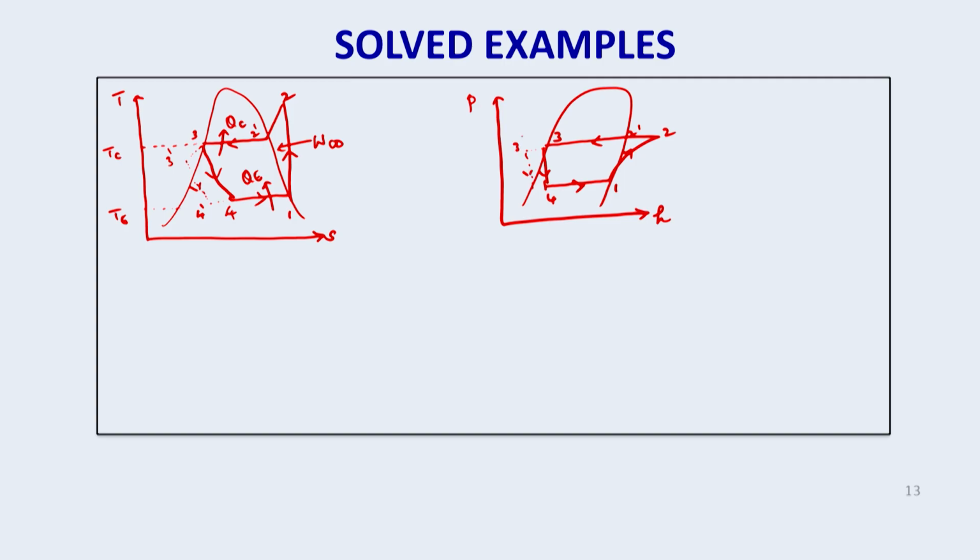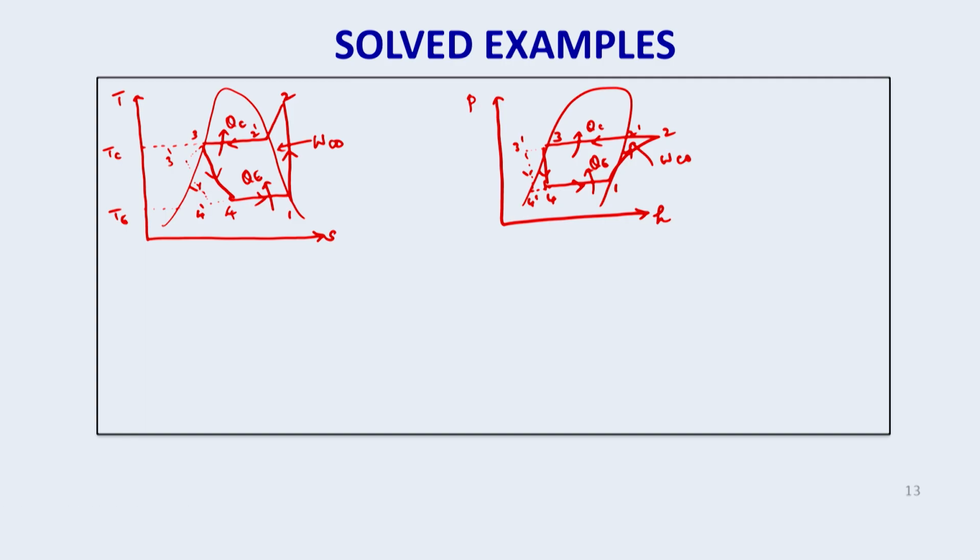And this is 3 dash, this is 4 dash. Condenser heat rejection, evaporator heat load. This is work of compression.